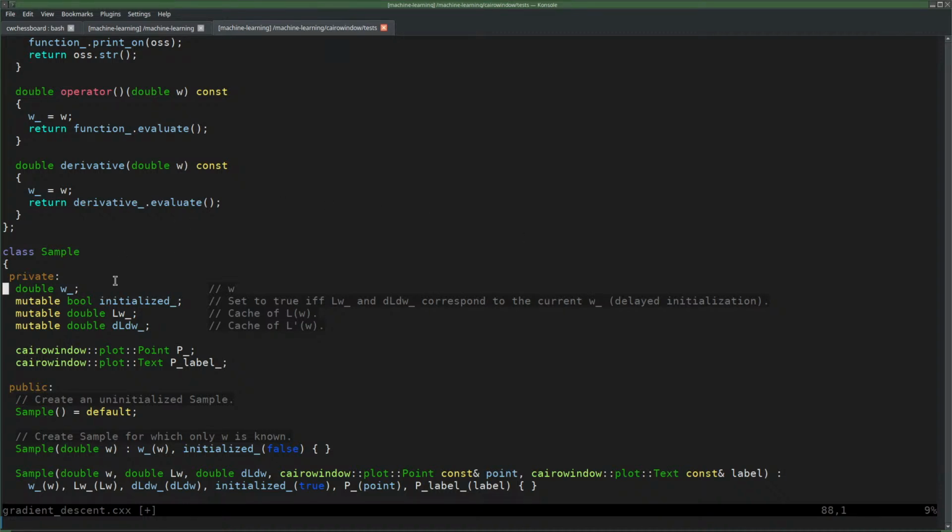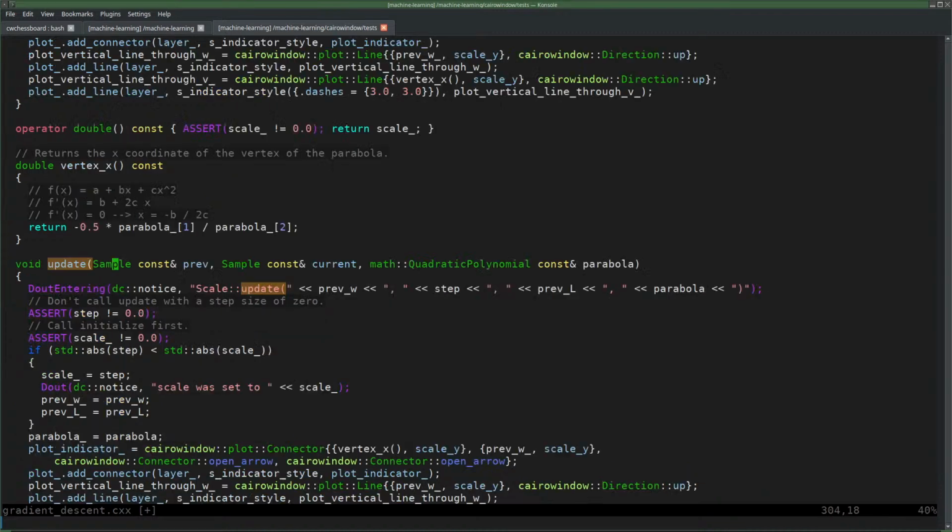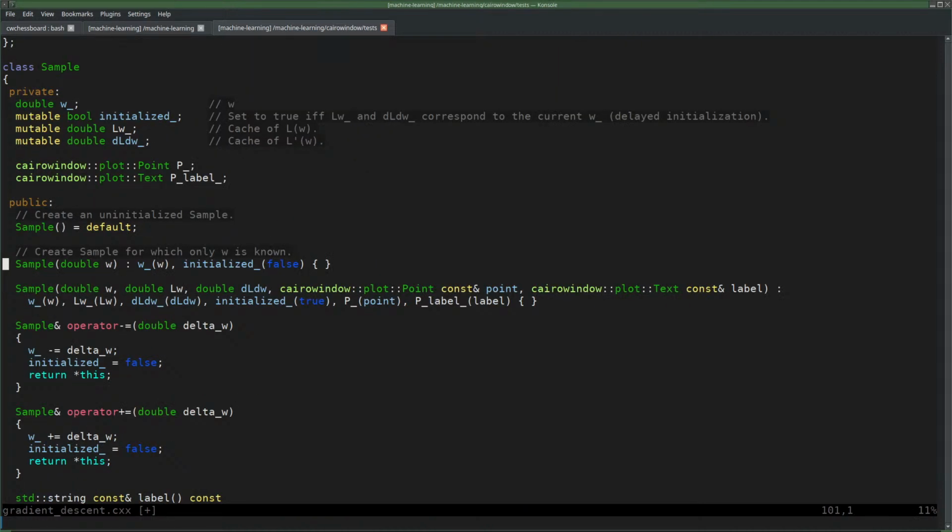Well, it's just a W value, so let's just print W. I can print a label though.